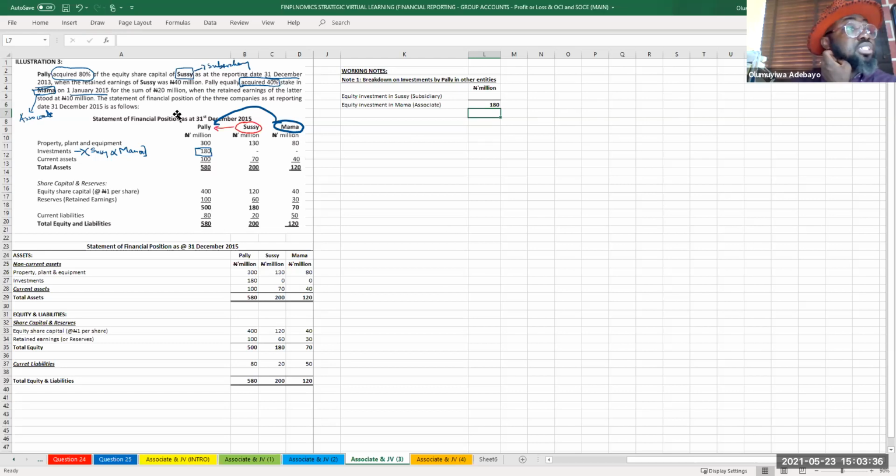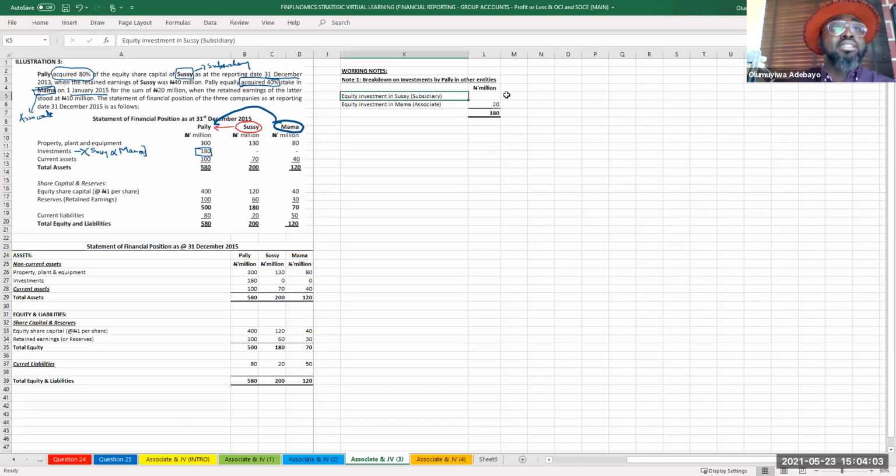Now, if we come back to this information here, they didn't give us how much was invested in Suzy, but there's a reference here that says Pali equally acquired a 40% stake in Mama on 1st of January 2015 for the sum of 20 million, which means Mama was acquired for 20 million.